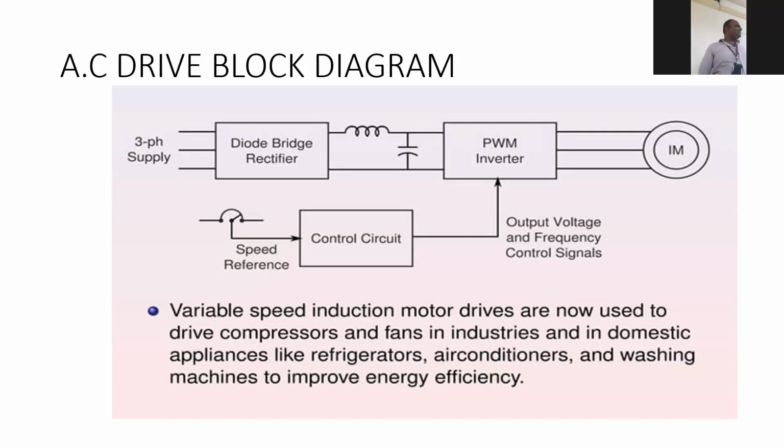Once you have the response of the three-phase supply, definitely the bridge rectifier will be taken into a right process, and from this the conversion can be done by using the pulse width modulation inverter. So from this area, the induction motor can be run by using the three-phase AC supply. According to this, we need to control this motor.